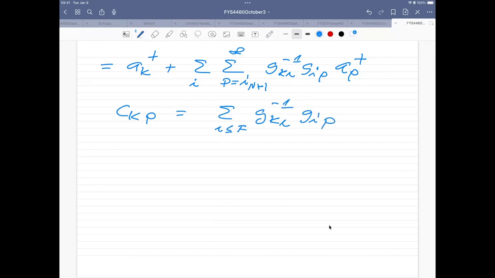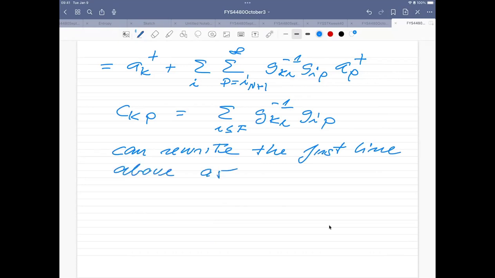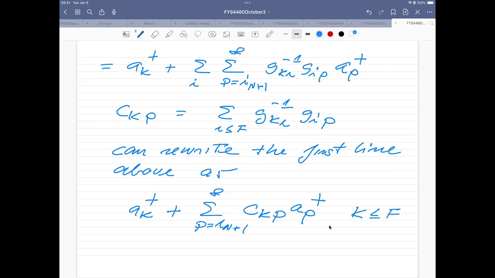What I have then is that I can rewrite the previous equation, the first line above, as a_K dagger plus a sum over P equal n plus 1 to infinity in principle, and then I have a C_KP and then an a_P dagger. And this K is obviously assumed to be below the Fermi level.